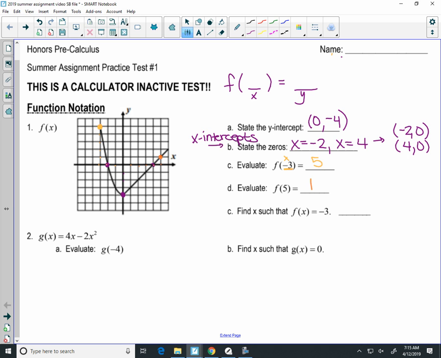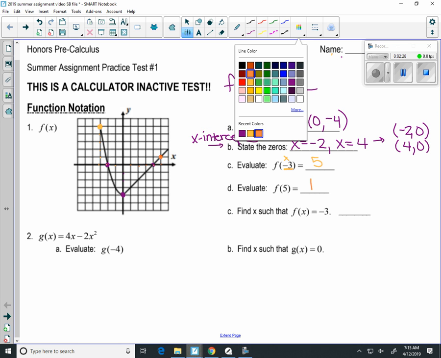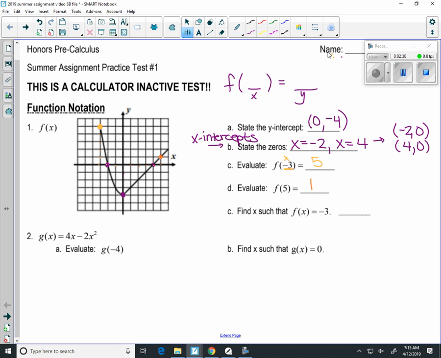C. For C, now it says f of x is equal to -3. So that -3 up there is our y. We're looking for x's. So I'm going to go down to -3, and what you're looking for is anything that hits that y equals -3 line.